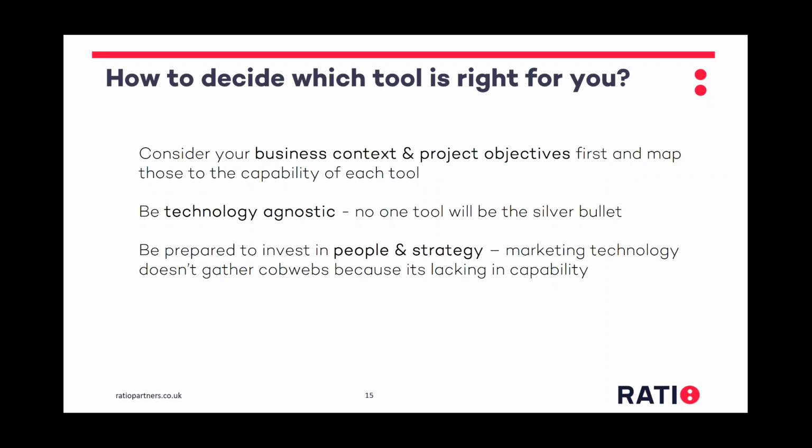In our view, this isn't so much about cost, it's about the amount of value that you're driving from these tools. There is quite a lot of variation in the cost of these tools as well. VWO is probably under £1,000 a month, whereas you might be looking at 50, 100,000 pounds or more a year for Optimizely. So your budget probably comes into it as well.